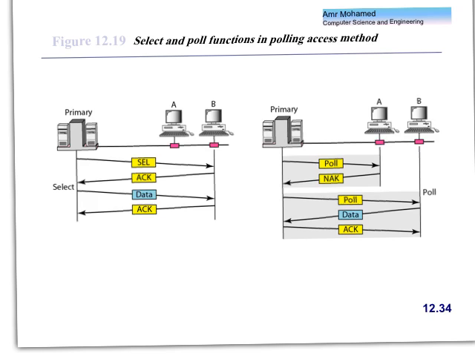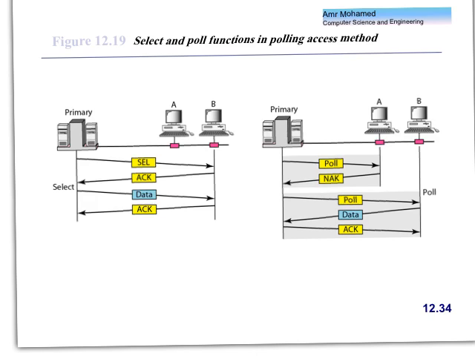One thing to pay attention to is that the handshaking in the downlink is based on 4 different stages, whereas the uplink is based on only 3 steps. Why? Because if I'm polling you, this means I'm ready to receive from you.